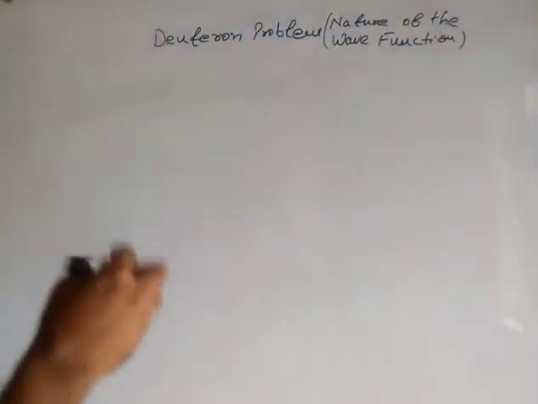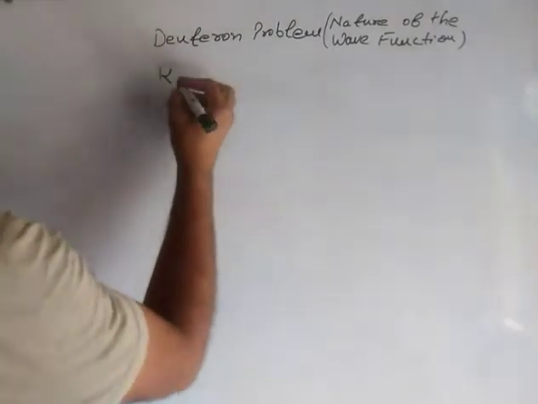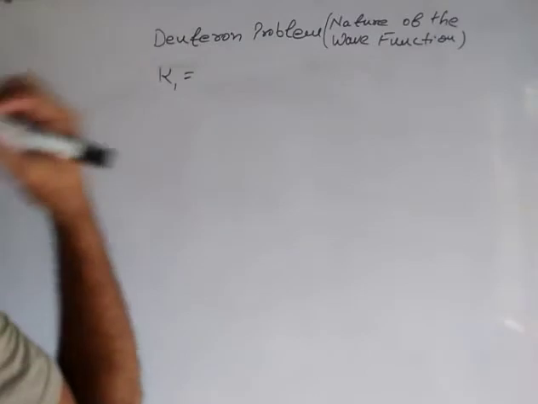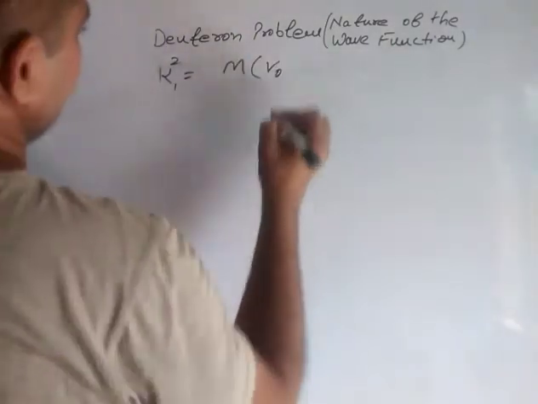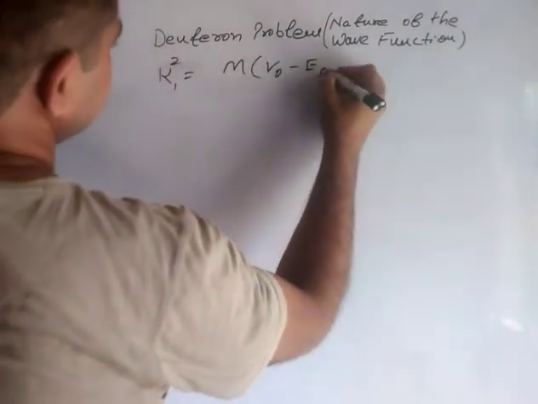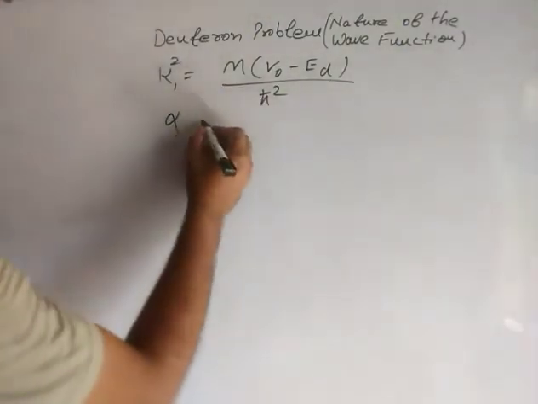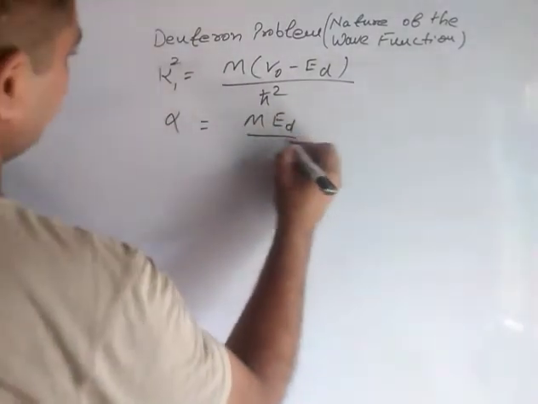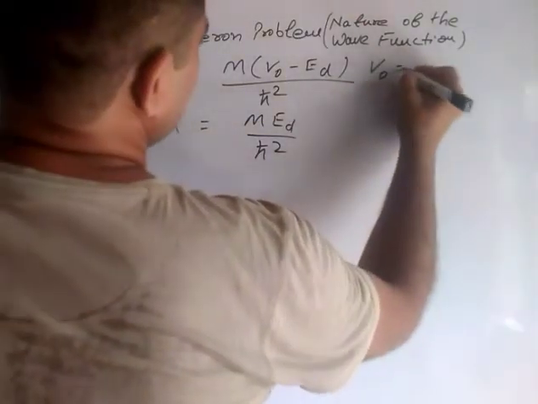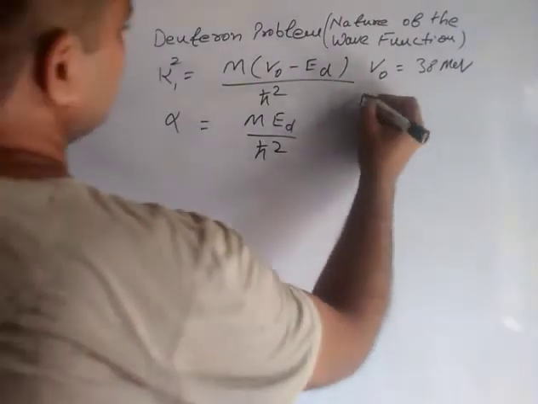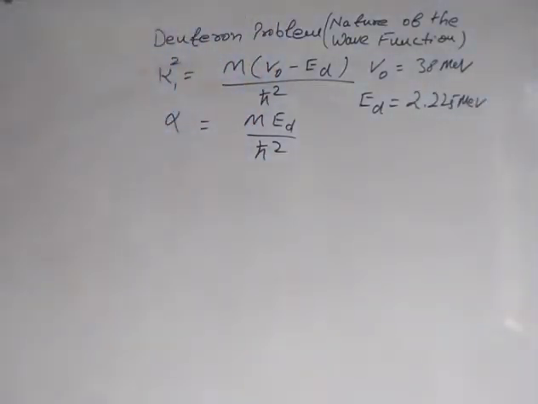Now, you know that in our previous class we came up with the parameters k1 and alpha, where we defined k1 squared equal to m (V naught minus Ed) upon h cut squared, and alpha squared was equal to m Ed upon h cut squared. Here V naught is the depth of the potential that we calculated, which comes out to be 38 mega electron volt, and Ed we know is equal to 2.225 mega electron volt, and h cut is the reduced value of the Planck's constant.